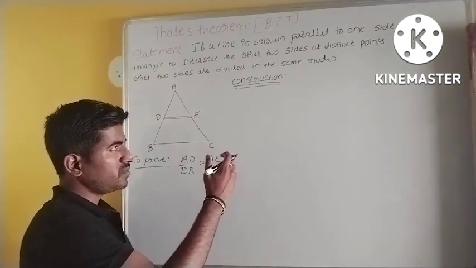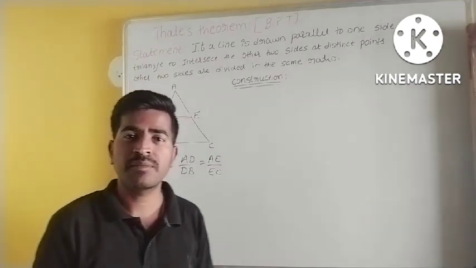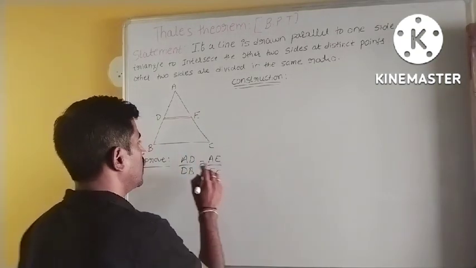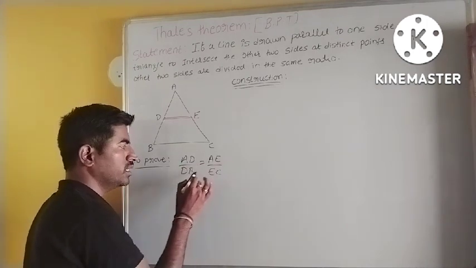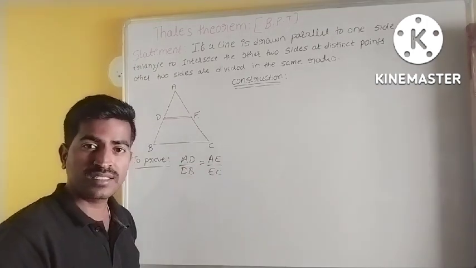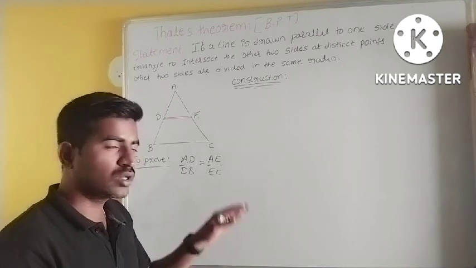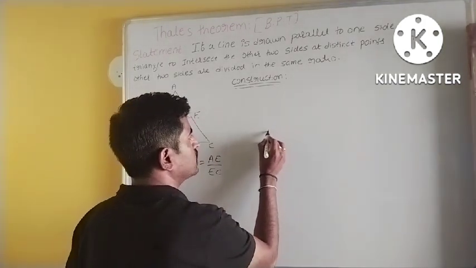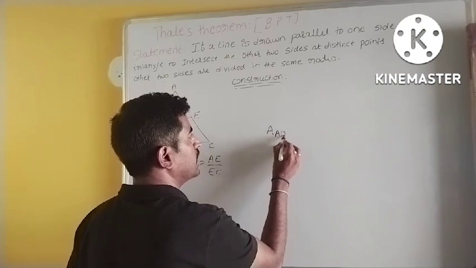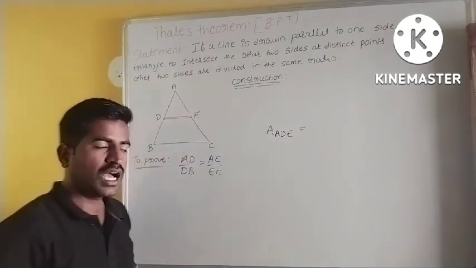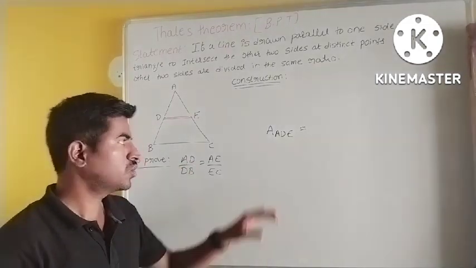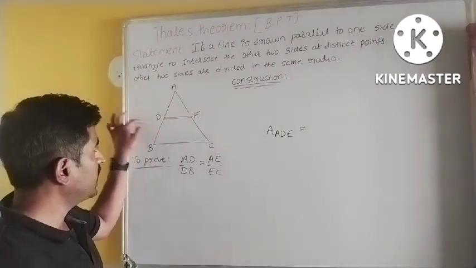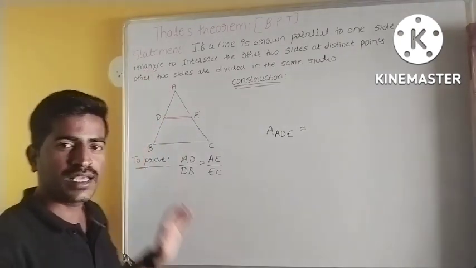So now let us consider the same areas of triangles which I have discussed just now. I will take AD, AE, DB and EC as the bases in the areas of triangles to derive this theorem. So now I will consider the area of triangle ADE because I need AD as the base now. In this triangle ADE, I will consider AD as the base.